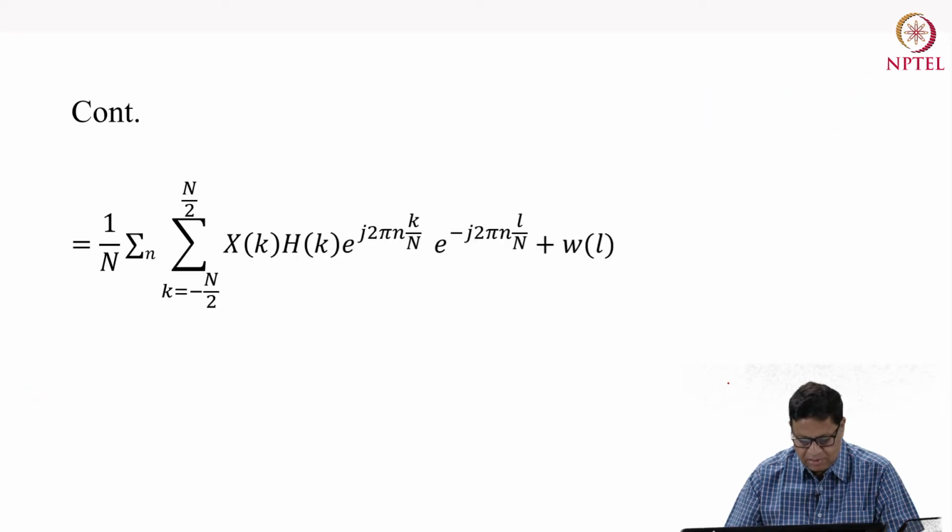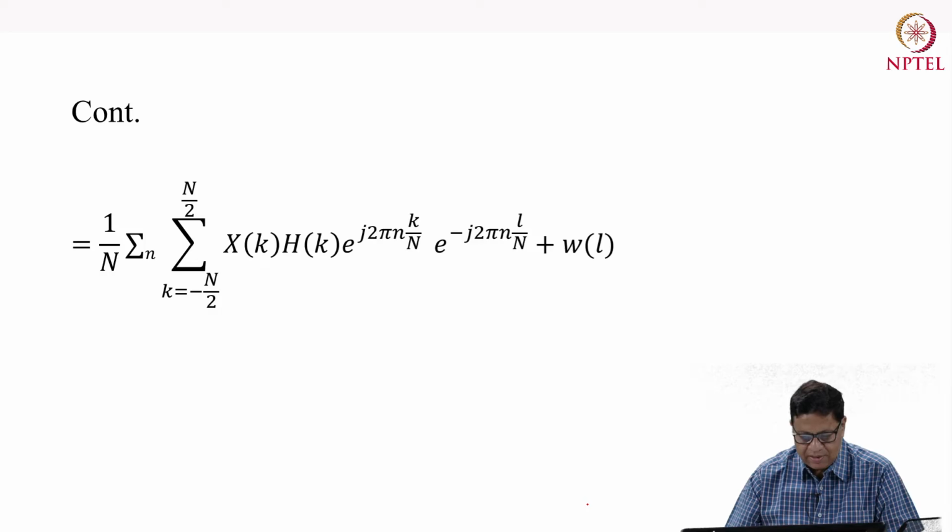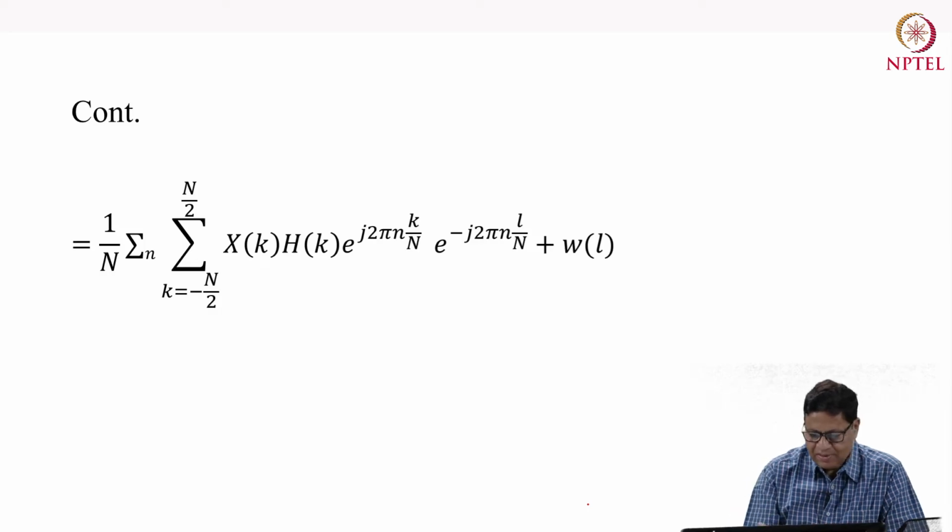This is only valid when k is equal to L. So this will give me WL, and so I am left with this expression plus WL.